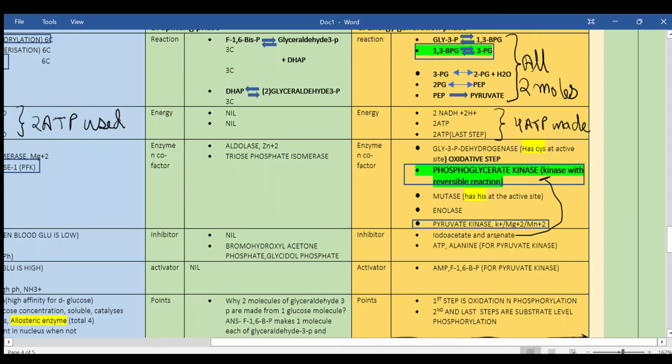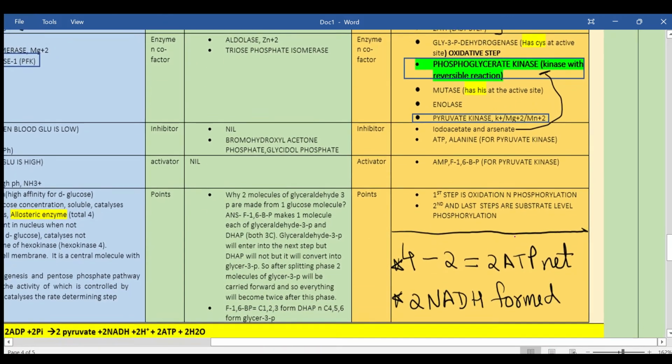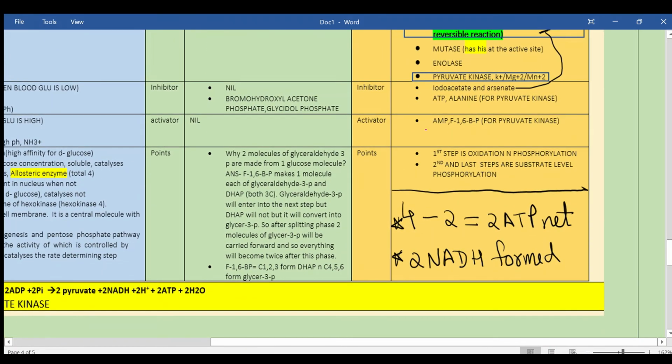Iodoacetate and arsenate will inhibit phosphoglycerate kinase, and ATP and alanine will inhibit pyruvate kinase. Activators for pyruvate kinase are AMP and fructose 1,6-bisphosphate.